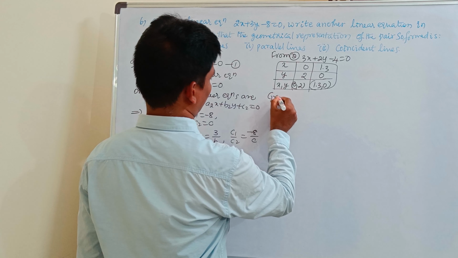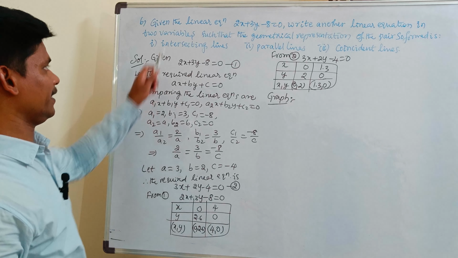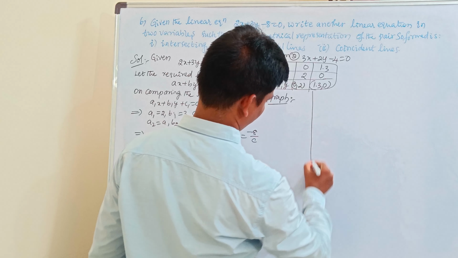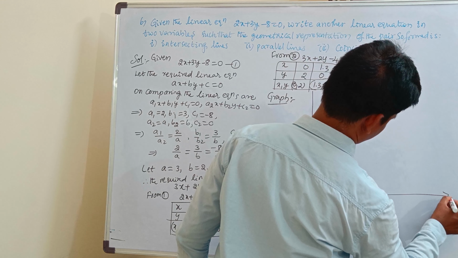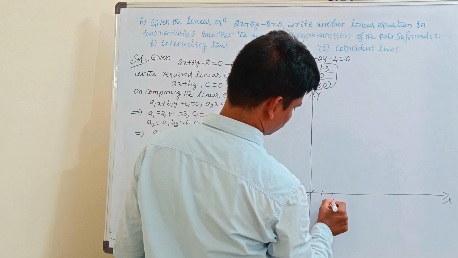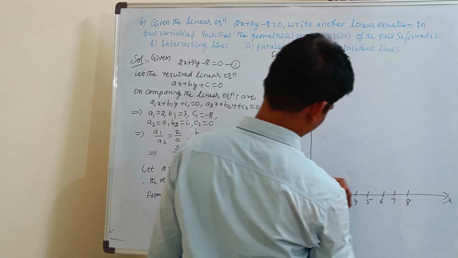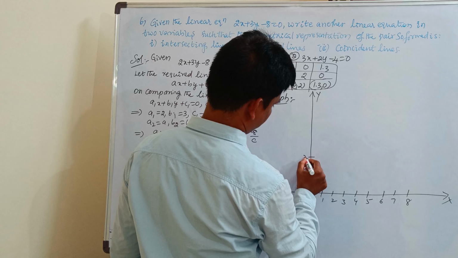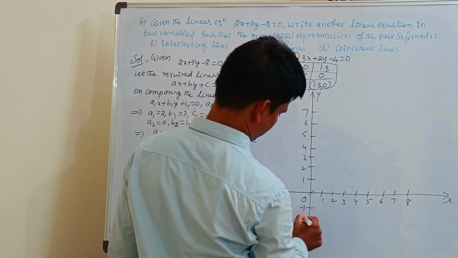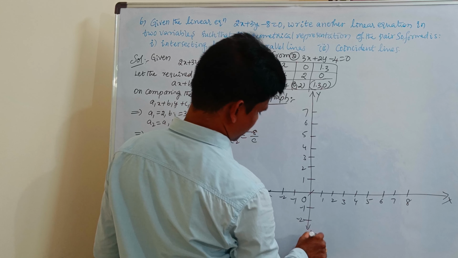Okay, so take the graph. In the graphical representation, those two lines are intersecting lines. Take the x-axis and y-axis.